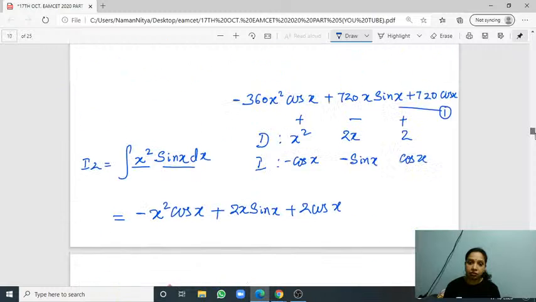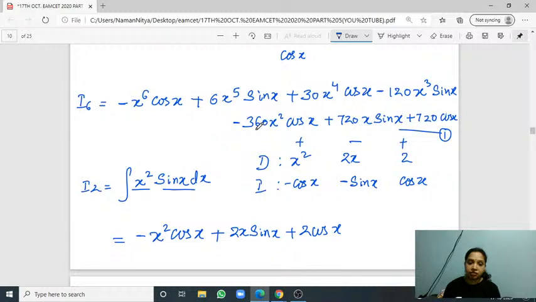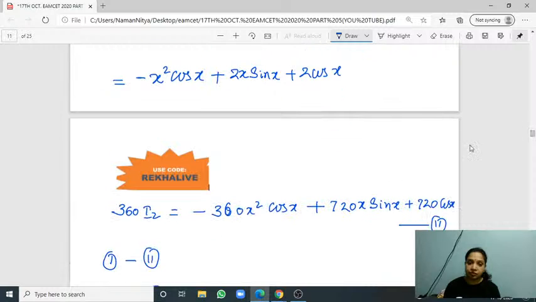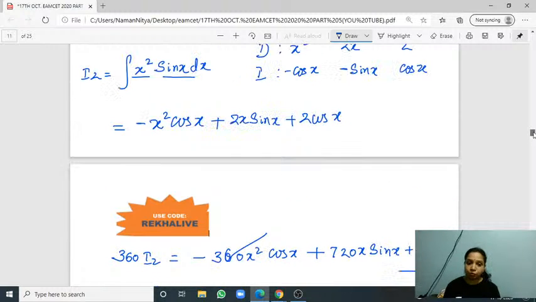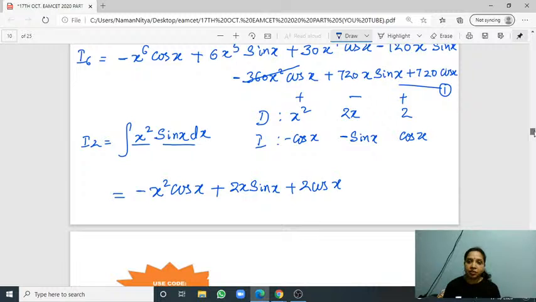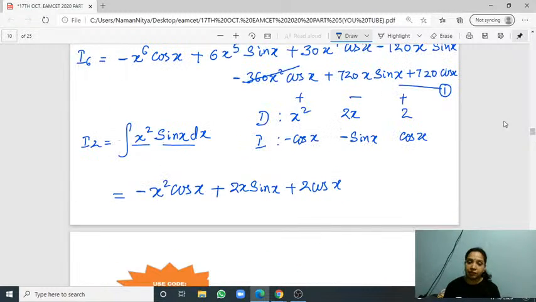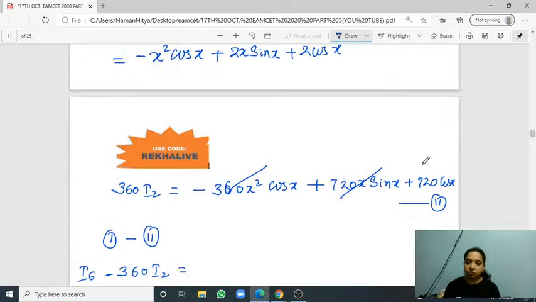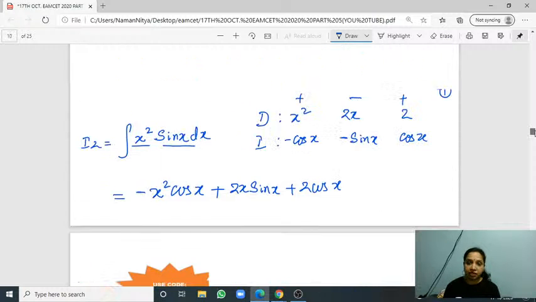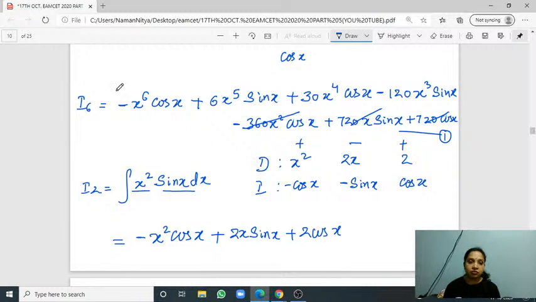Do we have here also minus 360 x square cos x? So this will get cancelled with the first term. Both are having same sign, I am doing subtraction. 720x sin x, 720x sin x, both are having plus sign, so I can cancel this also. 720 cos x, here also plus 720 cos x.